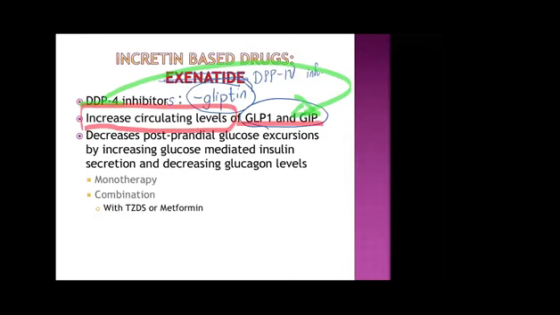Hence, these agents can decrease postprandial glucose excursions by increasing glucose-mediated insulin secretion, kasi nga, incretin ang pinaparami nila, and decreasing glucagon levels. So, ang use ng DPP4 inhibitors pwedeng as monotherapy or combination with thiazolidinediones and also metformin. The following are the adverse effects.